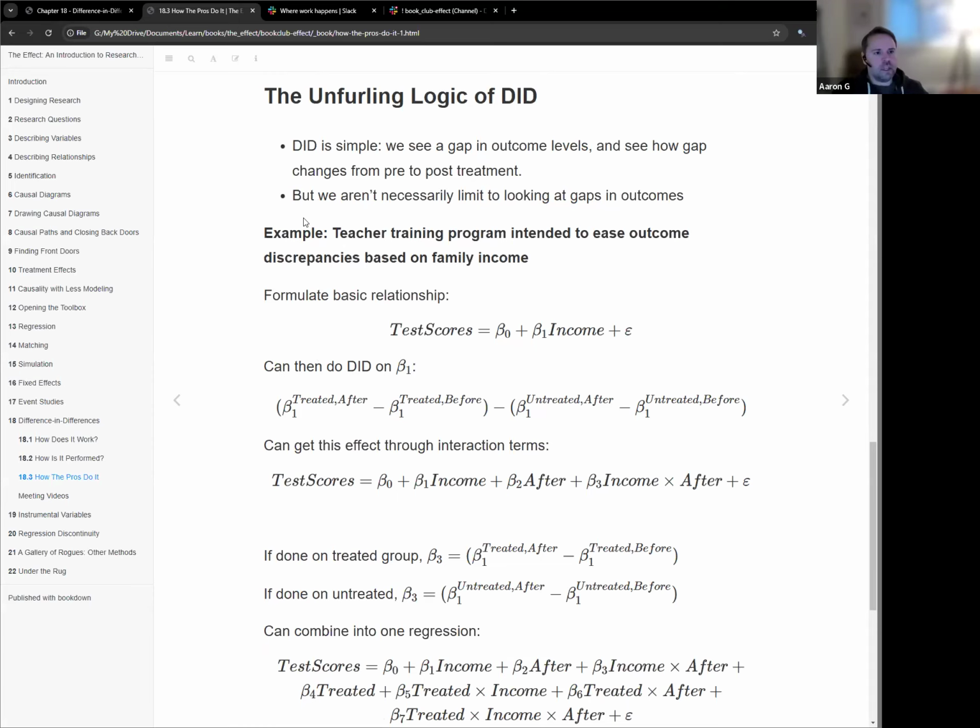Okay, this next section was interesting. You can actually apply DID to something other than the outcome variable, which is, I think, the canonical use case here.